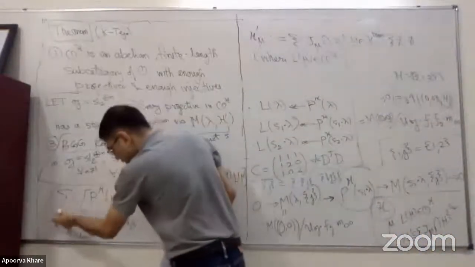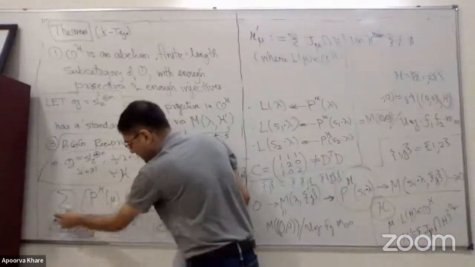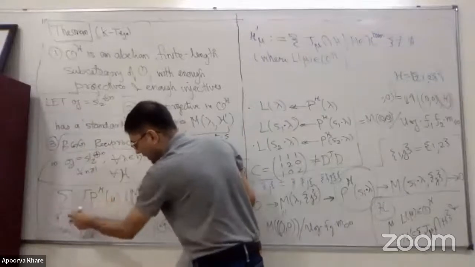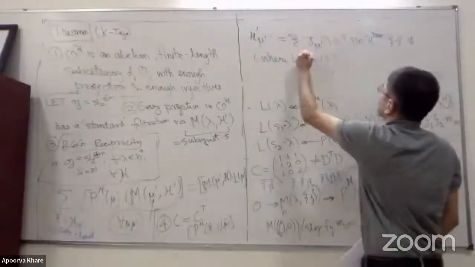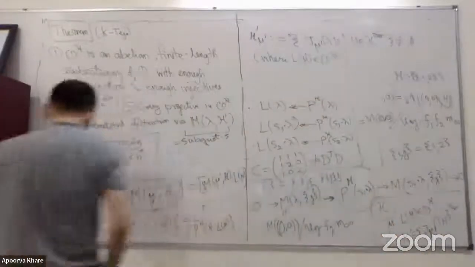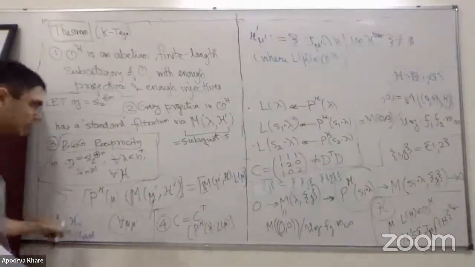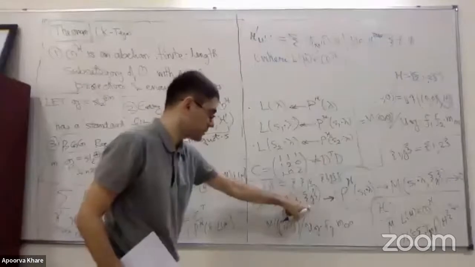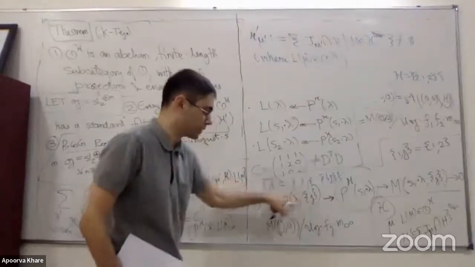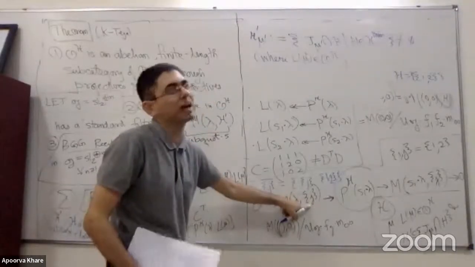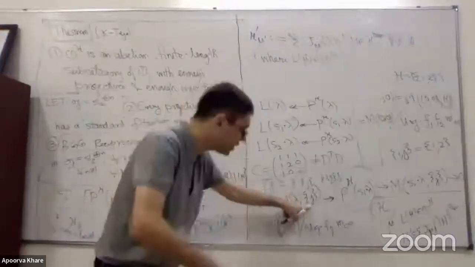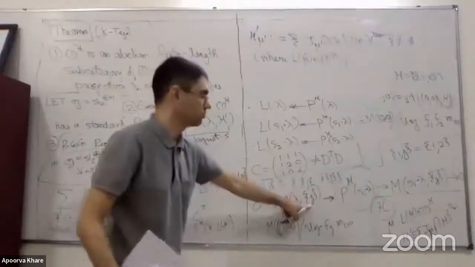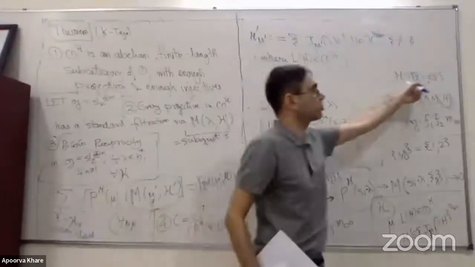So if you sum up over all the H primes containing this definition, H prime mu prime, which are upper closed themselves, then they will look like this. This stands for to quotient the Verma module by just F_j to the power lambda of H_j plus 1. That is the same as the quotient taken by that vector and by F1, F2. So in particular, it also quotients by F1.